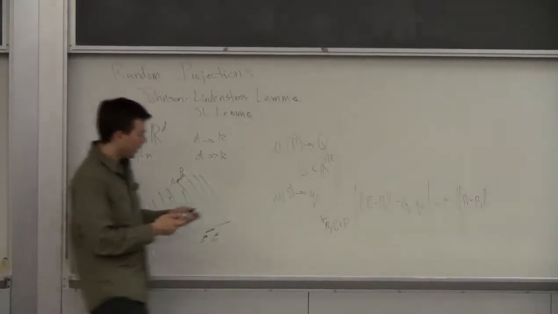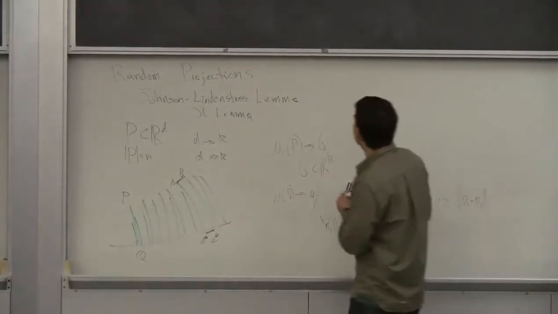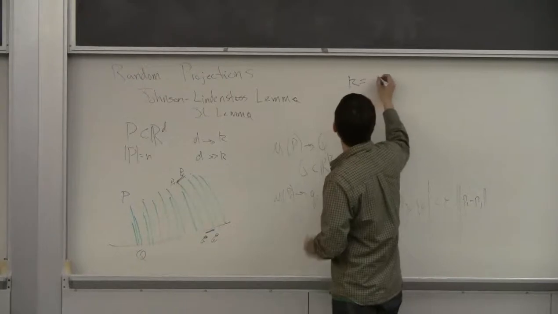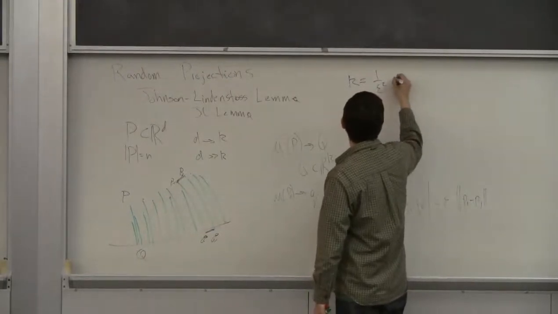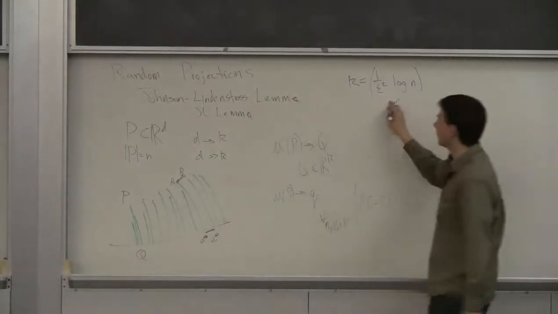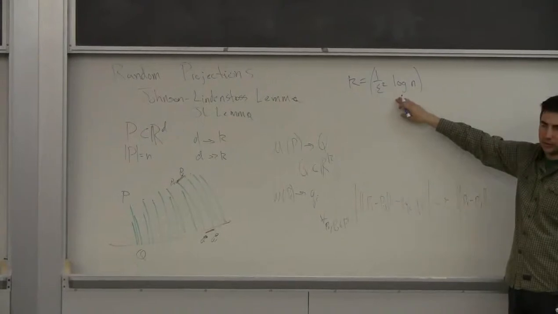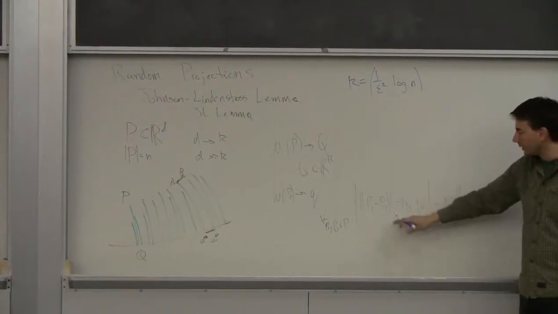So k now needs to be 1 over epsilon squared times log n. I need this many random directions, and I get the space here.